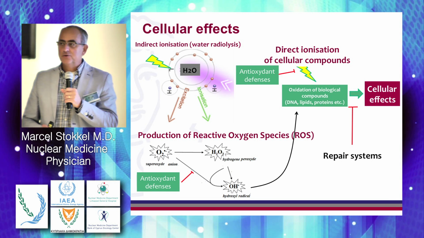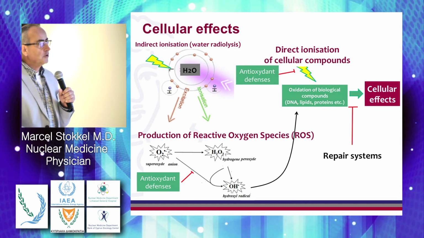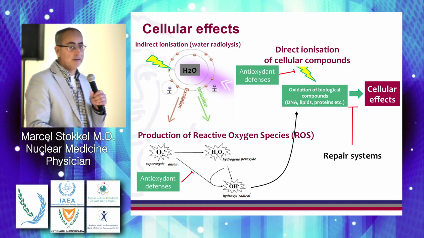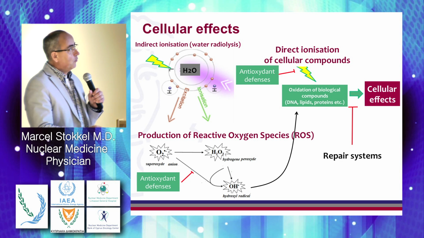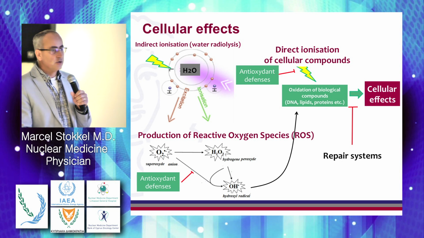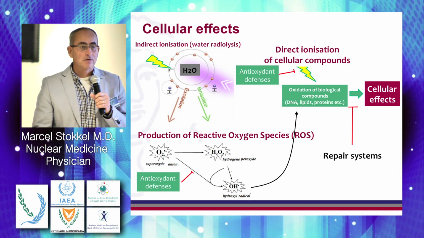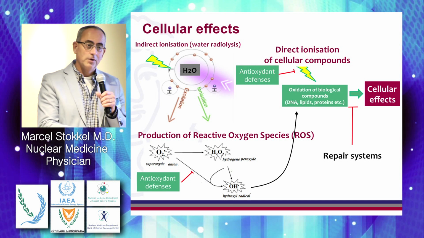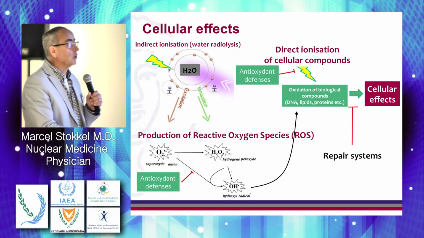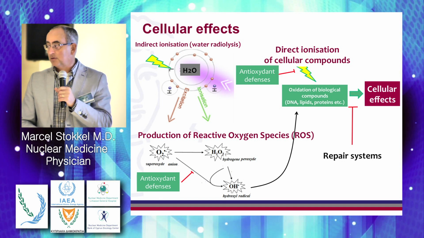Another important issue is that irradiation may cause damage, not only directly, but also indirectly. And what is the indirect pathway? Well, quite simple. It's the formation of free radicals. So not only the direct irradiation, but also indirect effects may cause damage on a cellular level.